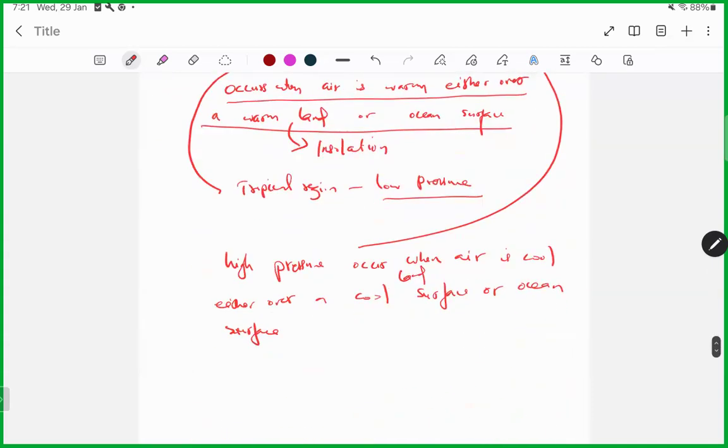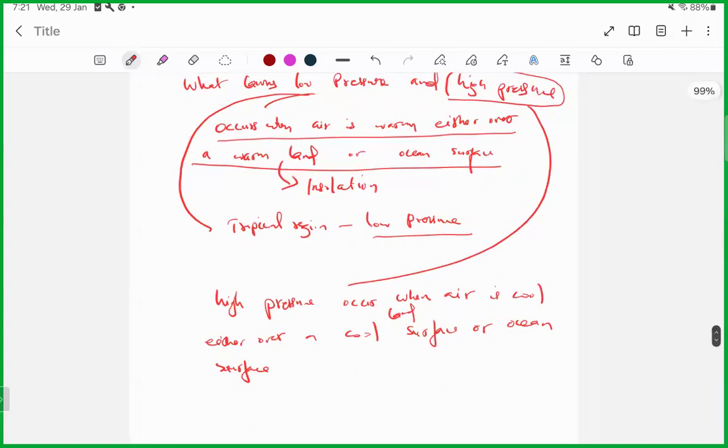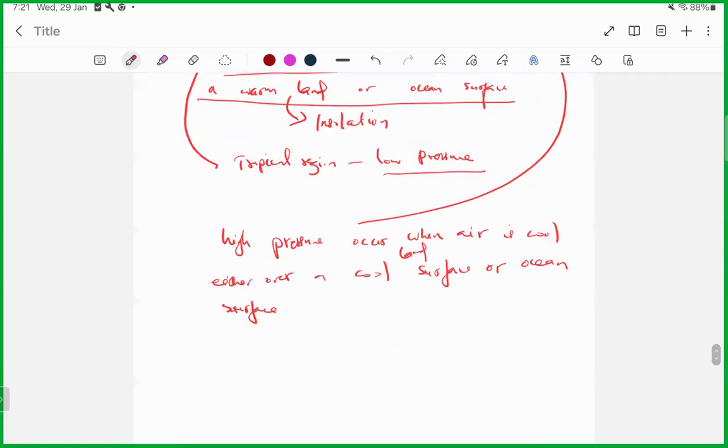So why do we study high pressure and low pressure?